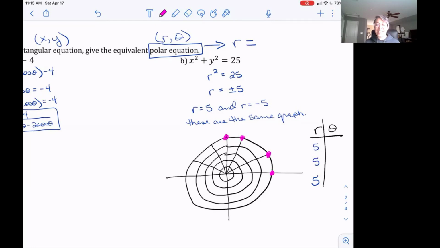So again, our theta can be anything. So if we were to combine all radiuses of 5 or distances of 5, we would get a circle of radius 5, which is the same equation as x² + y² = 25. So even if you had the -r, you take any of those angles, you go in the opposite direction, you're still going to land on that radius 5 circle.